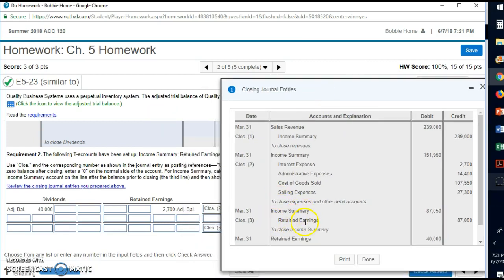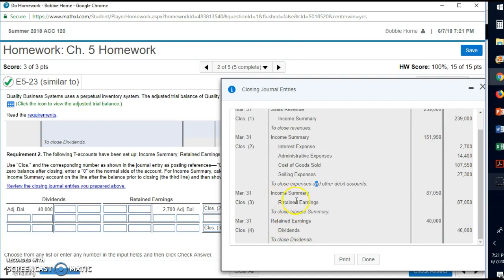Retained earnings, we had a closing here. We credited it for $87,050, and we debited it for $40,000.